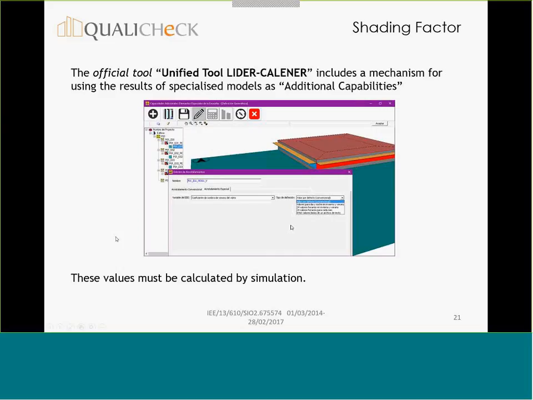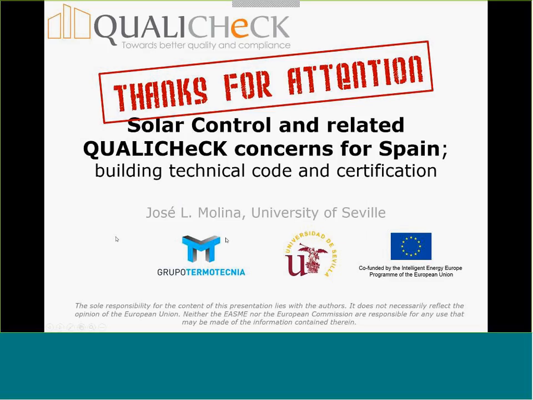We can include different types of values, for example, hourly values during the whole year, and these values should be calculated also by simulation and must be included. And this is all my presentation.